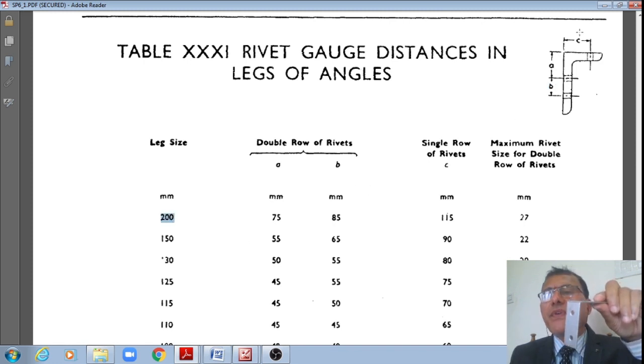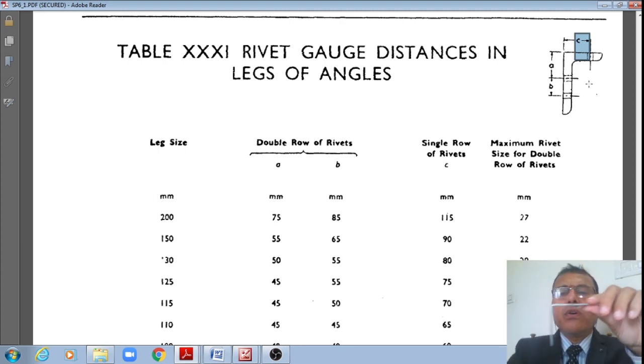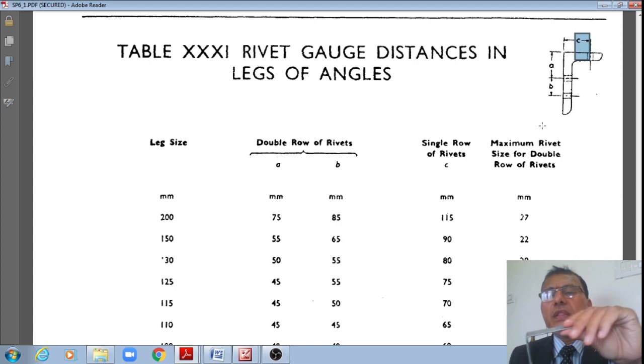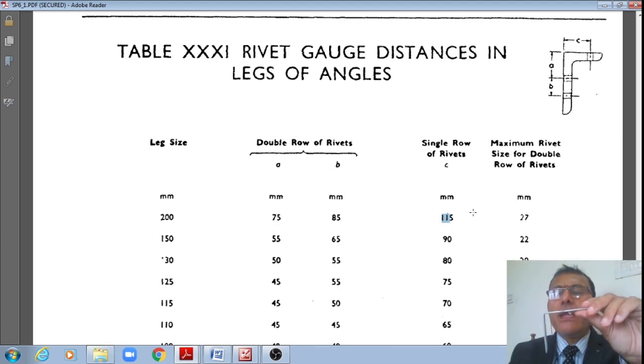Whereas for a single row of rivets, that distance is denoted C. If this is 200 mm, you can have a hole at a central distance of 115 mm, with a maximum rivet or bolt size for double rows of 27 mm.